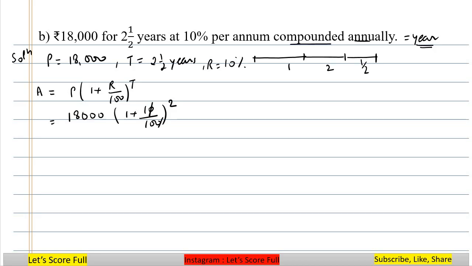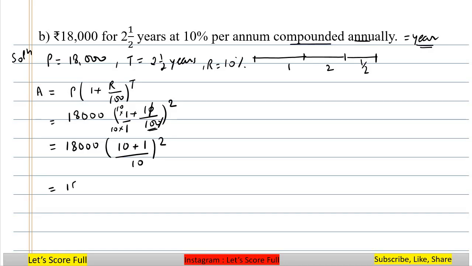We can cut 10 and 10. It will be 18,000. Here nothing means 1. 10 got cancelled, 10 is left. We can make the denominator equal and it will be (10 plus 1) upon 10, squared.